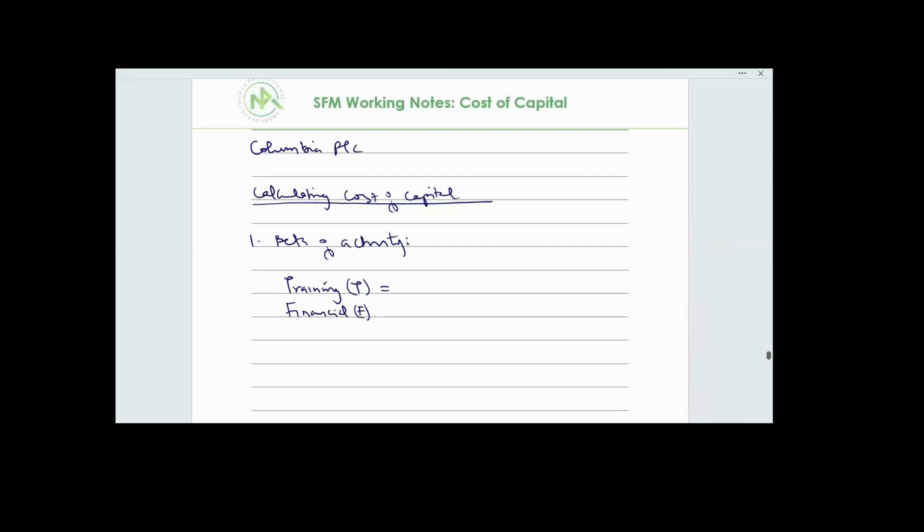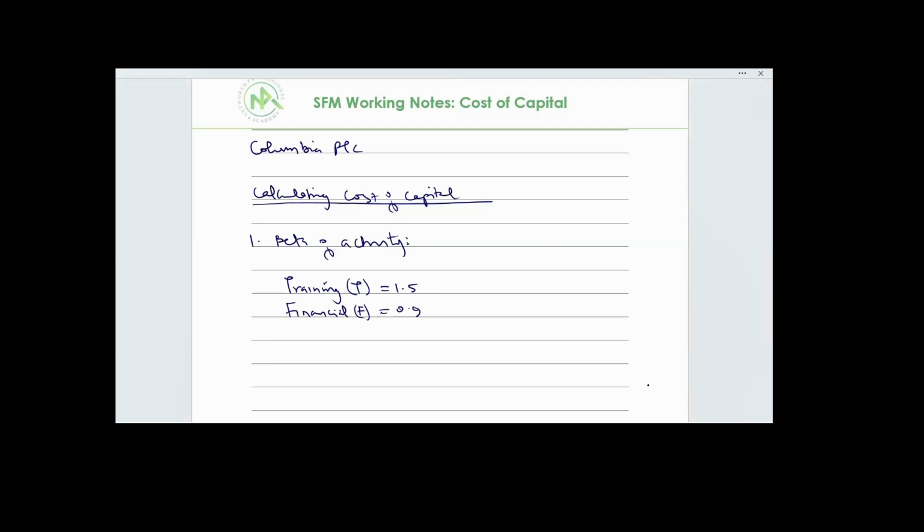Let's go there and pick the information we are looking for. The examiner told you in the second paragraph that the average beta and debt to total market value for the financial service sector are 0.9 and 25%. So the average beta of financial service is 0.9. The average beta of training service is 1.5. So let's put it there. Here is 1.5. Here is 0.9.